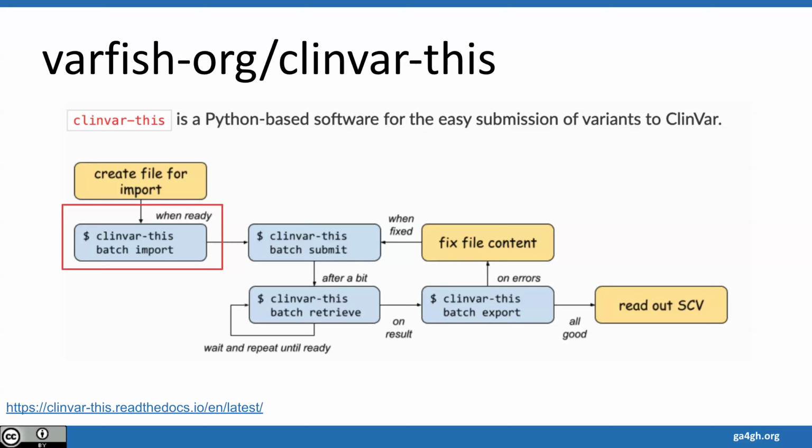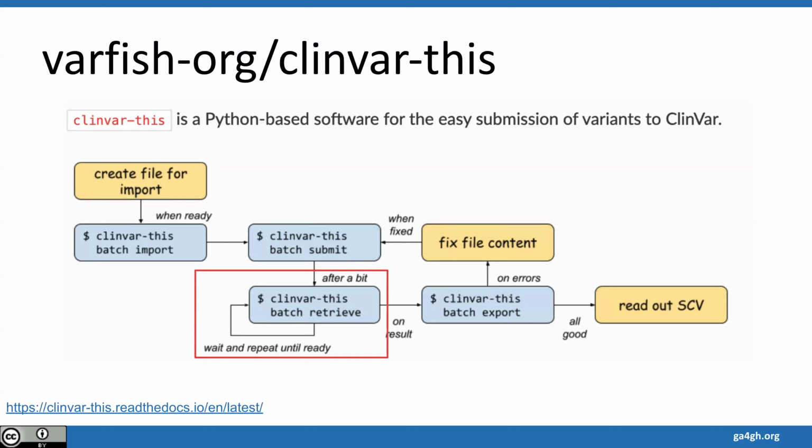ClinVar This batch import will import data for a new or existing batch from the file that you provided. Next, ClinVar This batch submit will submit the given batch to ClinVar. Next, ClinVar This batch retrieve allows you to retrieve the status of the batch, so seeing if it was a failure or a success.